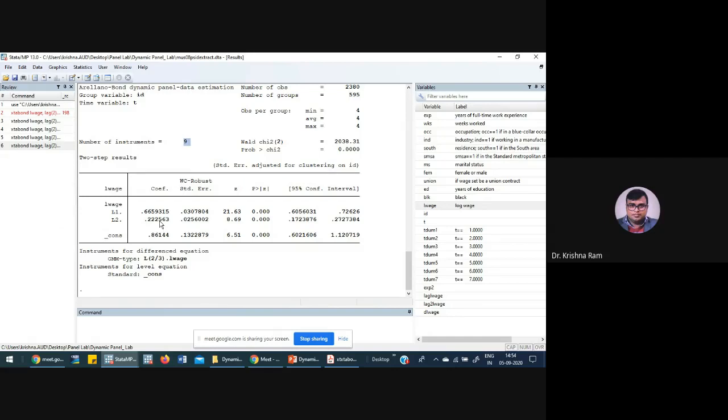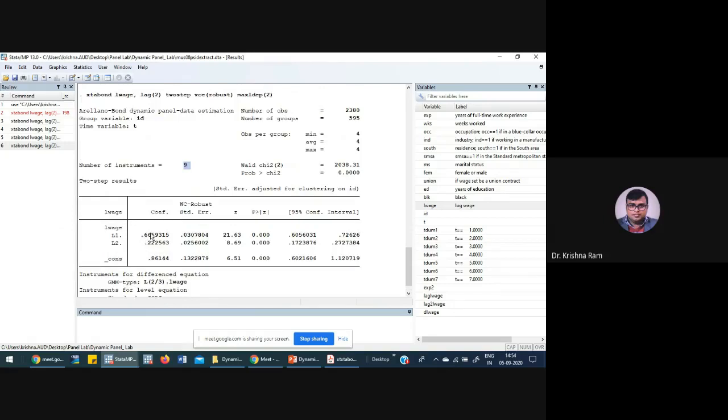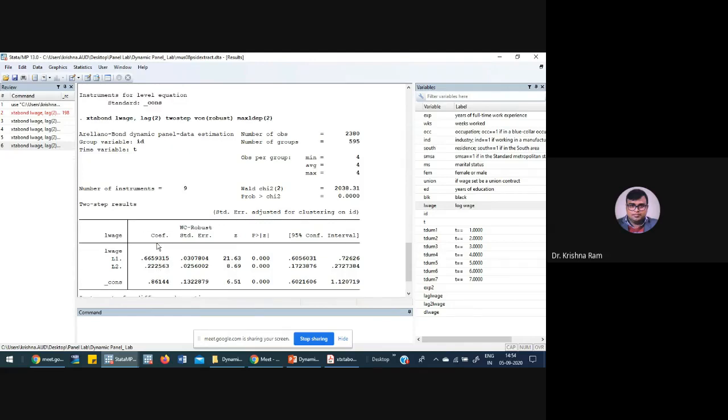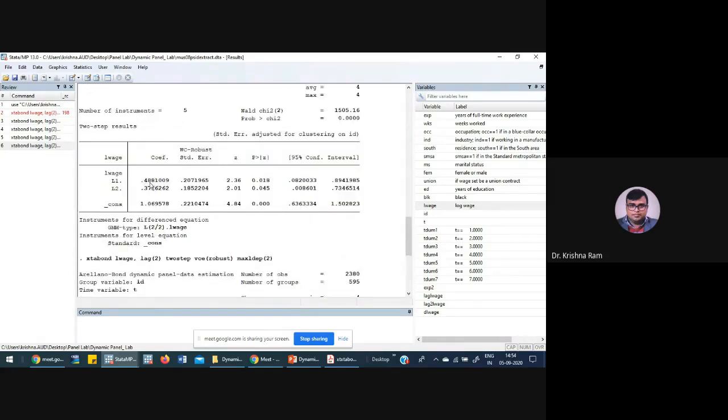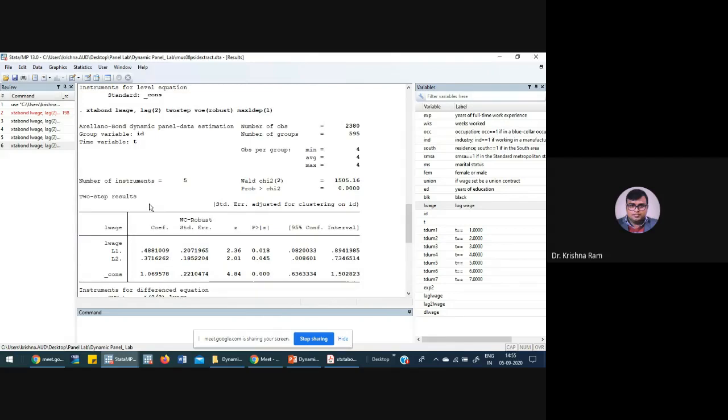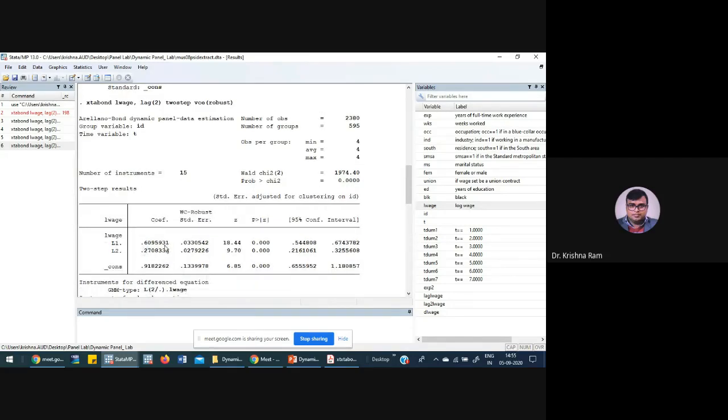Now have a look at the estimated coefficients. With the 9 instruments, we are getting estimated coefficients 0.66 and 0.22 for the different lags. With the one instrument, we are getting 1.848 and 0.37. And when we haven't put any restriction, we are getting coefficient estimates 0.60 and 0.27.